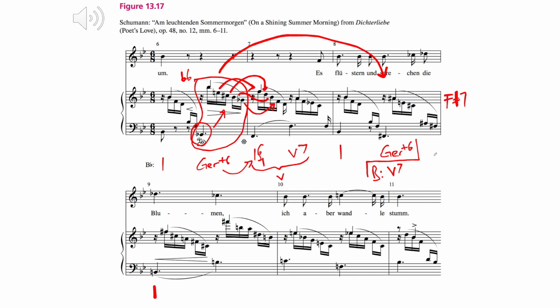So we are going to talk if it is a modulation or something else, because we will have some difficulties here. First of all, we see C sharp and A, and here C sharp goes to D sharp, but we still have an A, which makes the chord a dominant 7th chord.